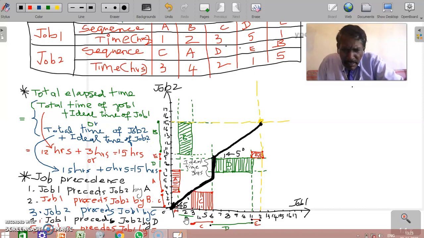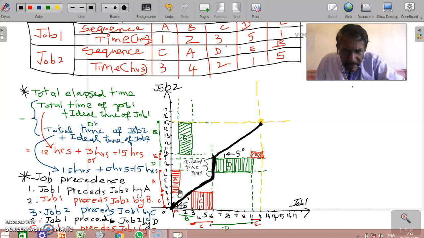Then afterwards come to the second job. Here, from 1 to 3 hours, machine B takes. Now here, from 10 to 15, B takes. So the intersecting area of this and this I have given in a clear way.